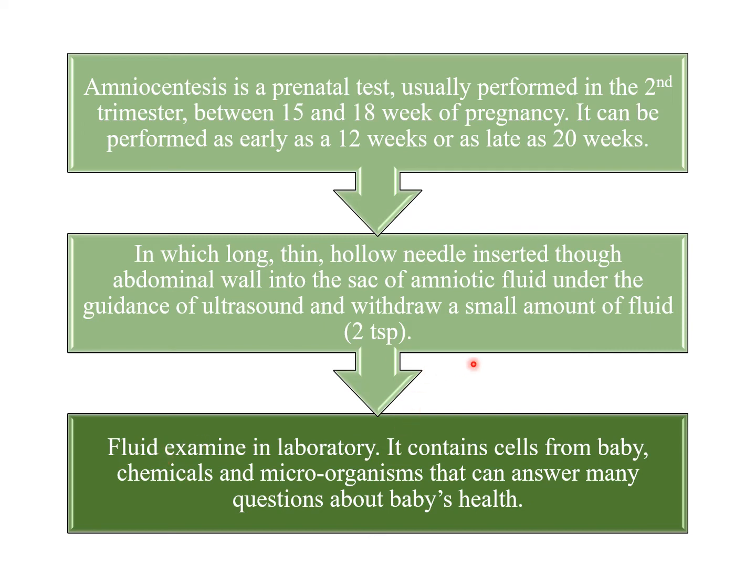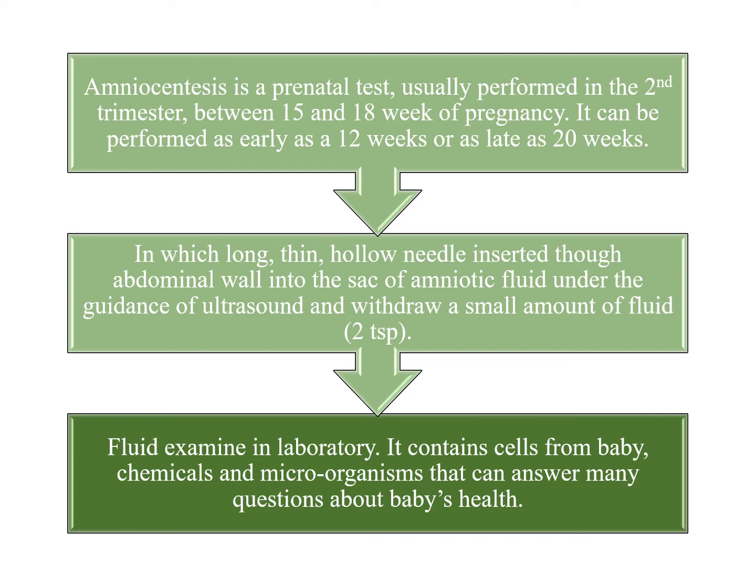Now, this withdrawn fluid is sent to the laboratory for further examination. This fluid contains the cells from the baby, certain chemicals, and microorganisms present in the fluid. All these cells of the baby, chemicals, and microorganisms help to understand the health status of the fetus.